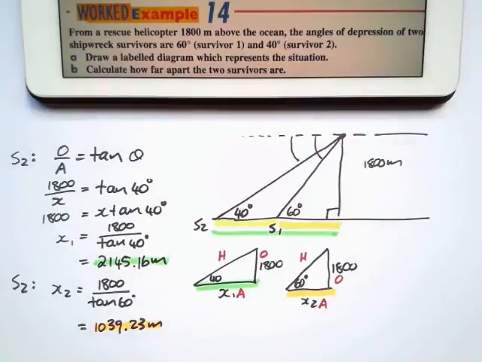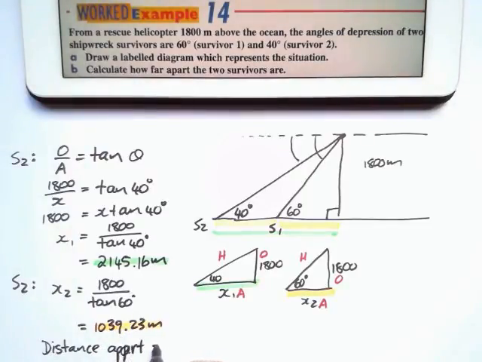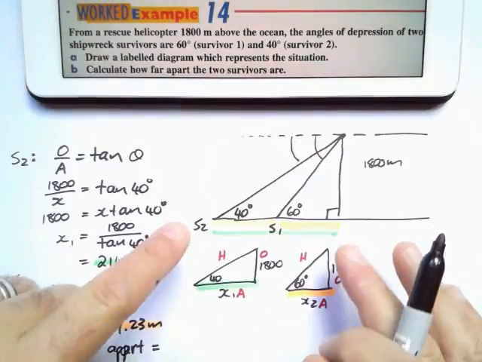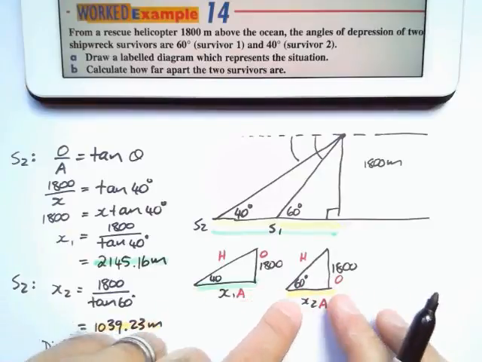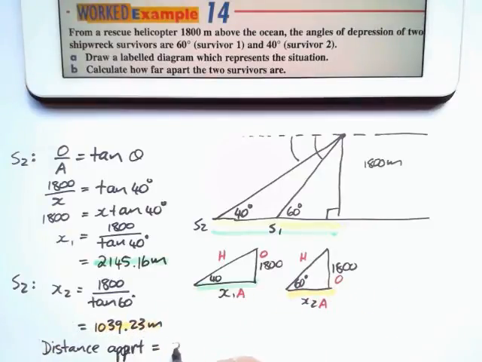So what I'll do now is I will say distance apart equals, and what it will be is the big distance, the green distance, take away that distance. So it will be x1 take away x2.